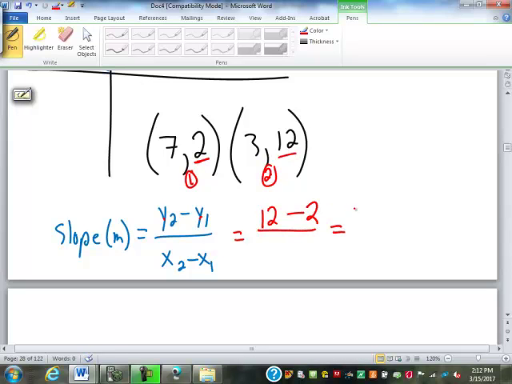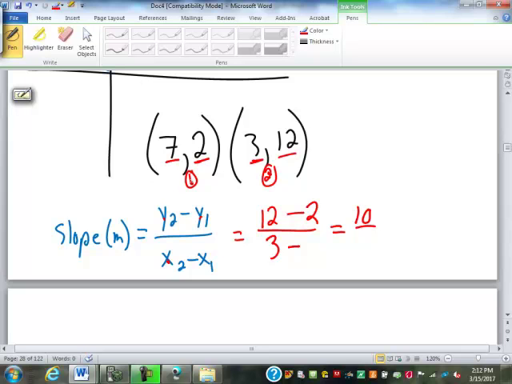So 12 minus 2 is 10. x2, well, point 2, the x-coordinate is 3, minus x1 is going to be what?